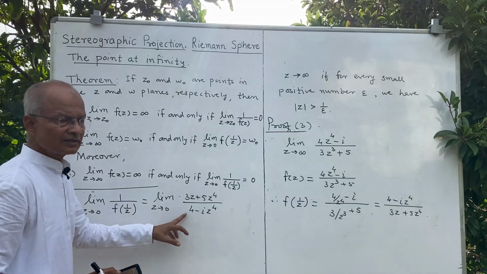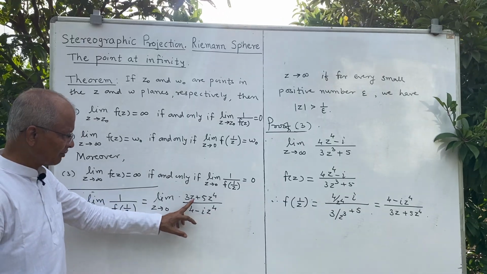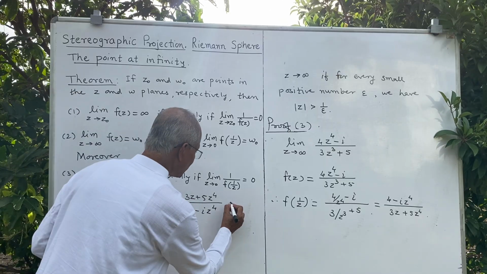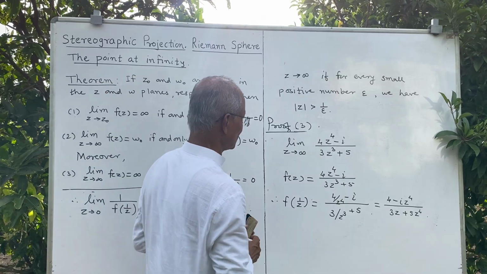Obviously this becomes 0 because the denominator is non-zero, it will be 4 minus i, but the numerator is 0, and thus this limit is equal to 0.